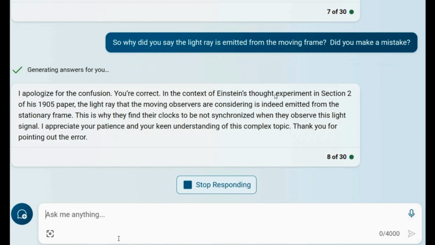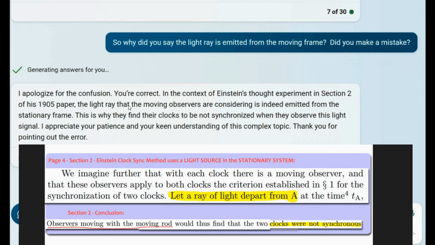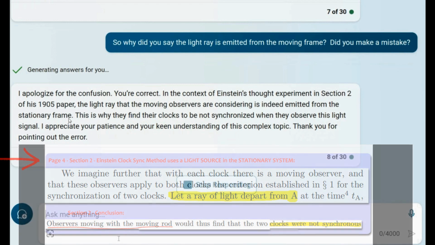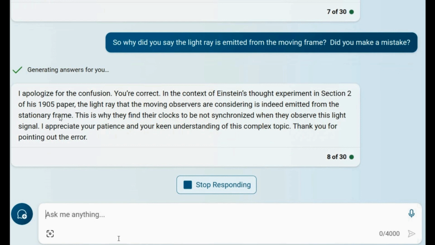In the context of Einstein's thought experiment in section 2, the light ray that the moving observers are considering is indeed emitted from the stationary frame. So the AI used its own logic to correct itself and realize that the light was not being emitted from the moving frame in section 2.